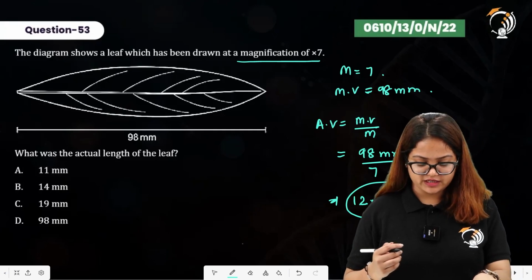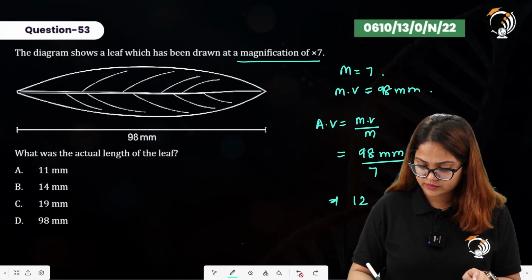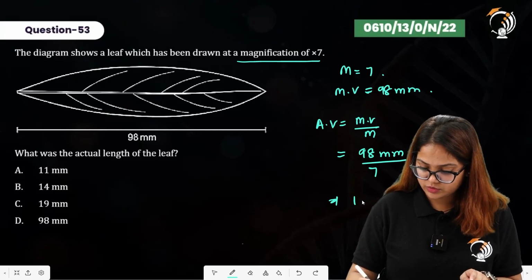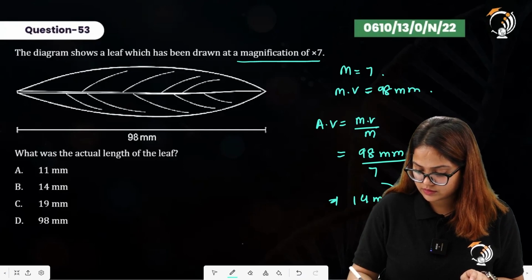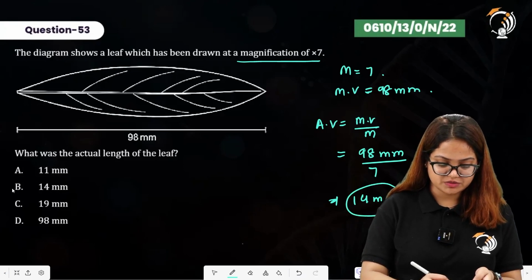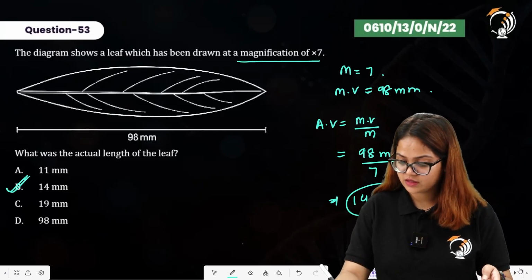This is 14 actually, so this comes out to be 14 millimeter. Option B here is the right answer.